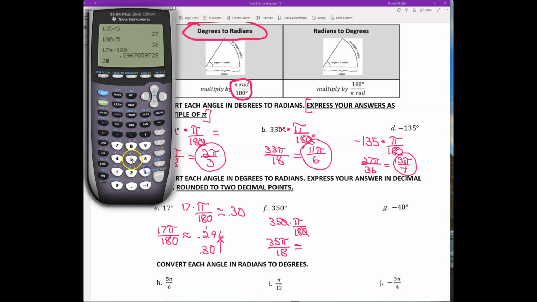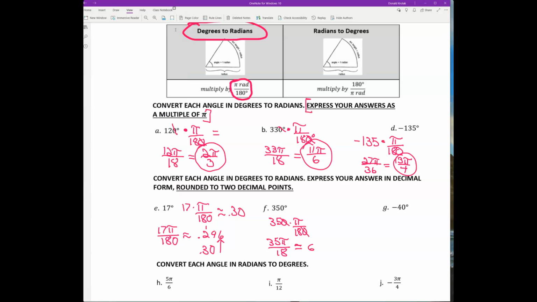So let's see, 35 pi divided by 18, and to two decimal places, the 8 tells me to make this 0 a 1, so this is approximately 6.11.